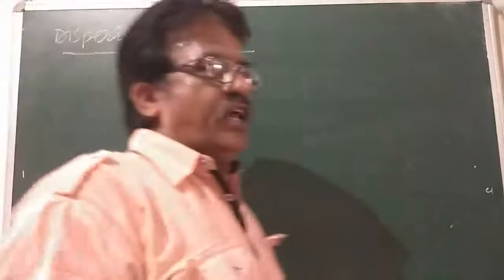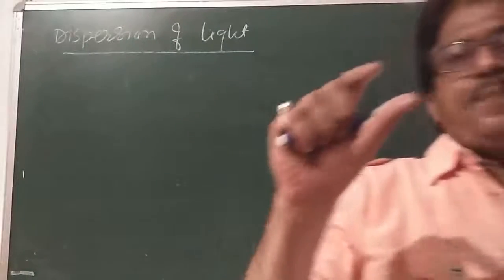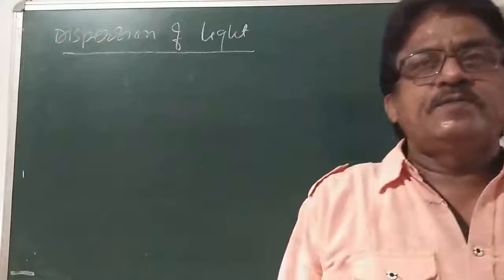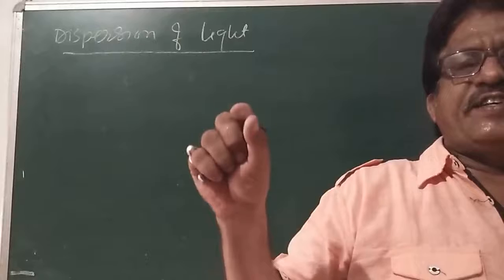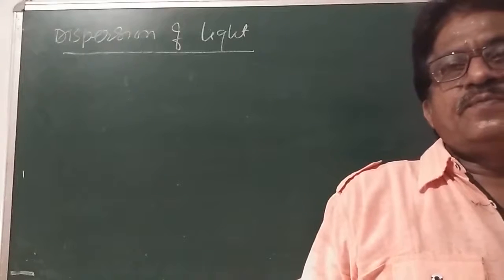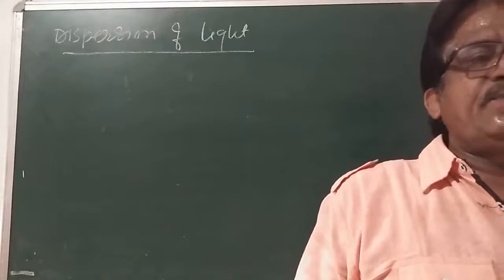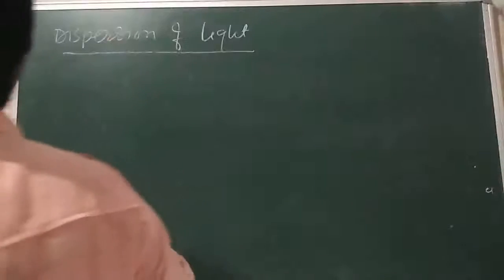As I told you earlier in the beginning of this module, when we take a prism and when the sunlight enters through a prism from one face, then we will get 7 different constituent colors. That spectrum is called VIBGYOR. That phenomenon is called dispersion of light.